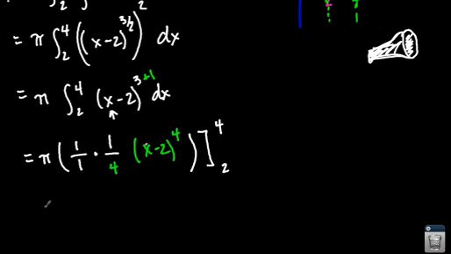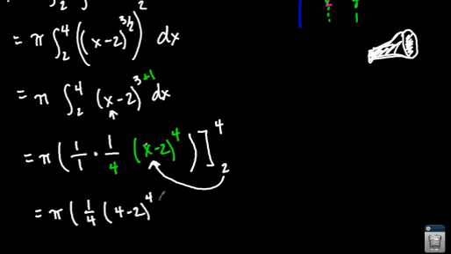Alright, so I'm just going to simplify this. We end up with pi times 1/4, and now I'm going to substitute 4 minus 2 to the fourth. I could continue on, but if I think about this, 2 is my x-intercept, which means that I'm going to have a value of 0. So I'm not even going to bother plugging that in, because I'm just going to be subtracting 0, because anything times 0 is 0.